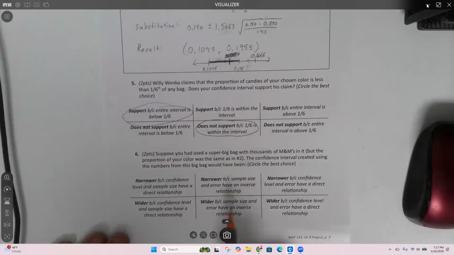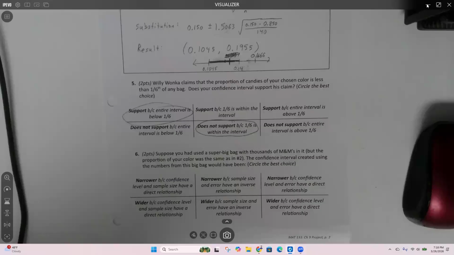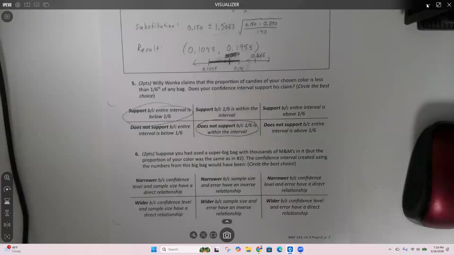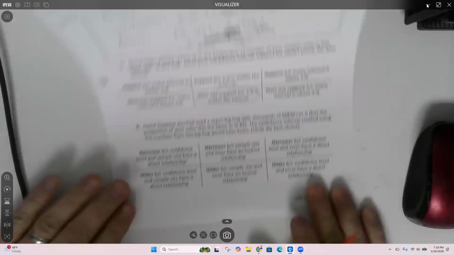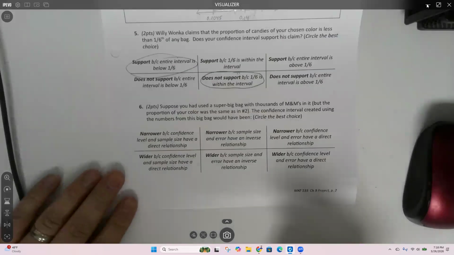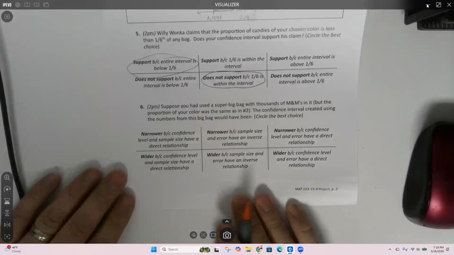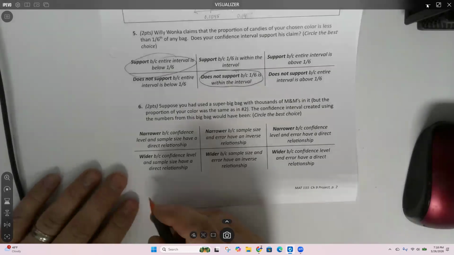So let's start with that. Narrower or wider? Give me a guess if you think it's narrower or wider. If your sample size was huge, so I've got some wider, got some narrower.